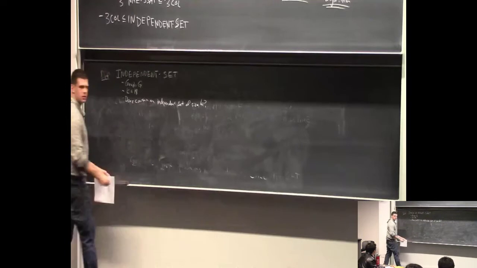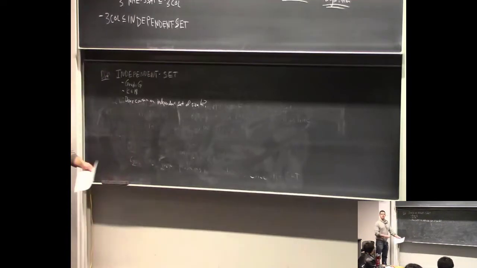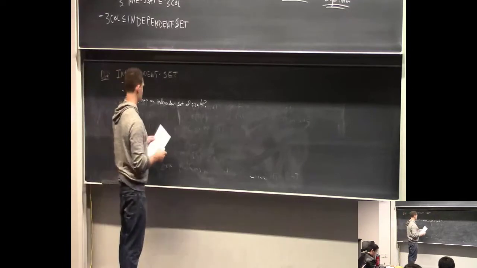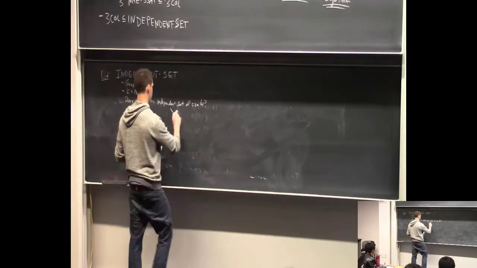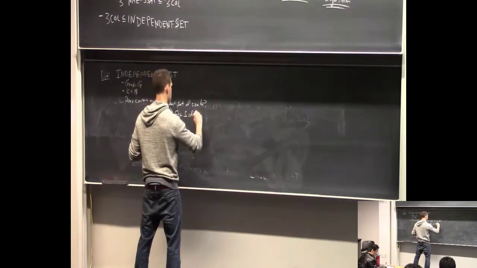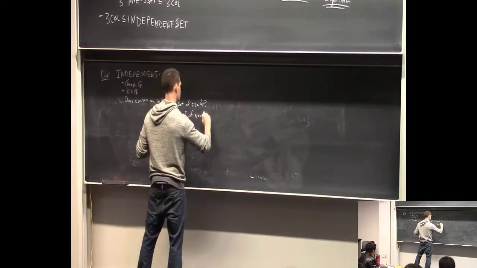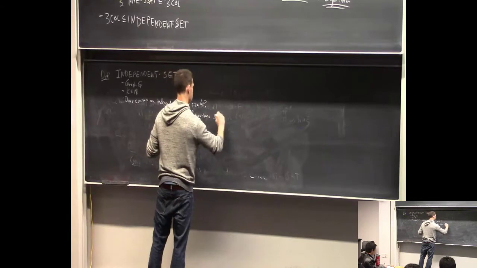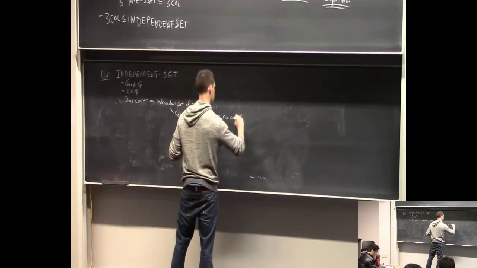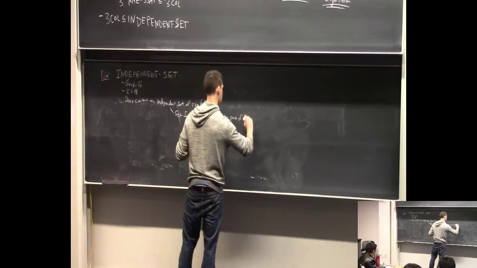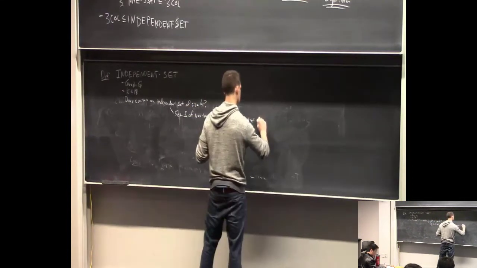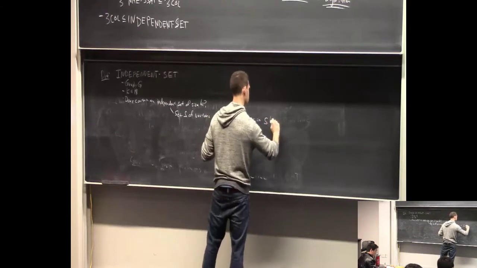Do you guys remember what an independent set is? So an independent set is a set of vertices such that no pair of vertices in the set has an edge between them.